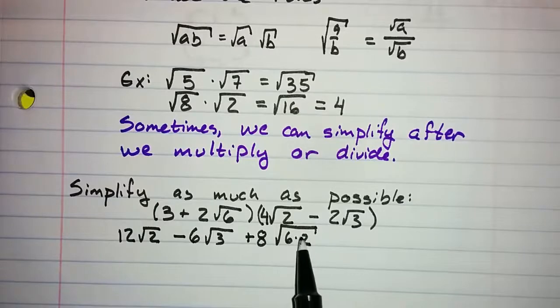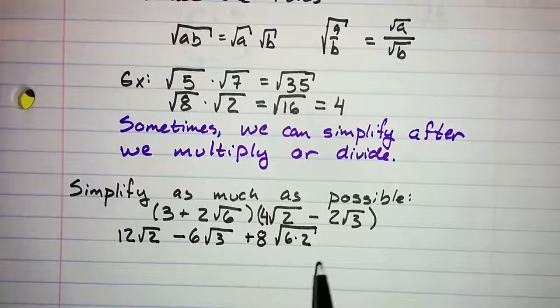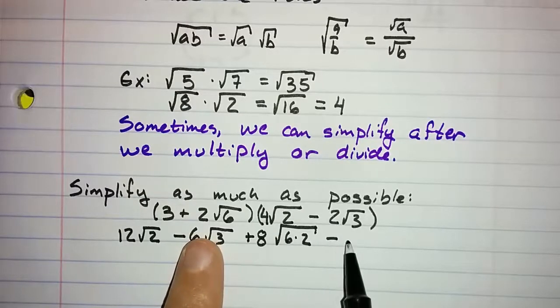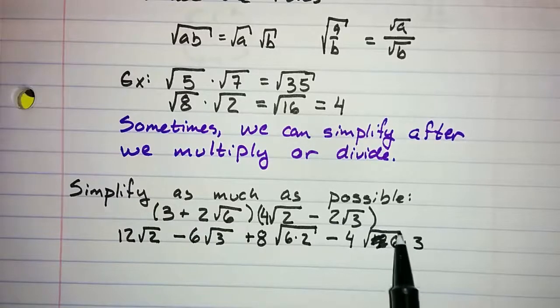Remember, we're allowed to multiply square roots following this rule. Minus 2 times 2 is 4, root 6 times 3.